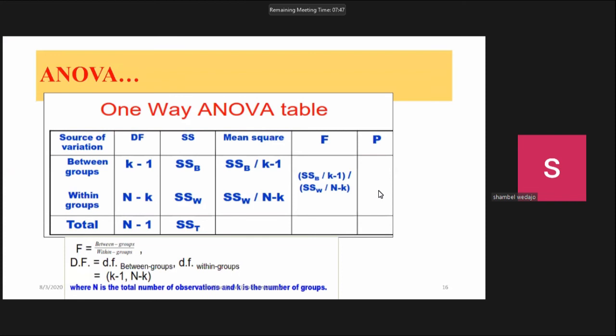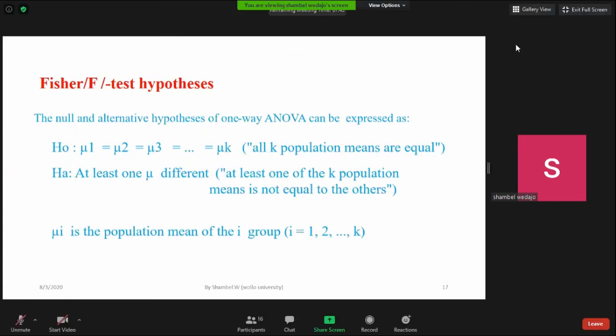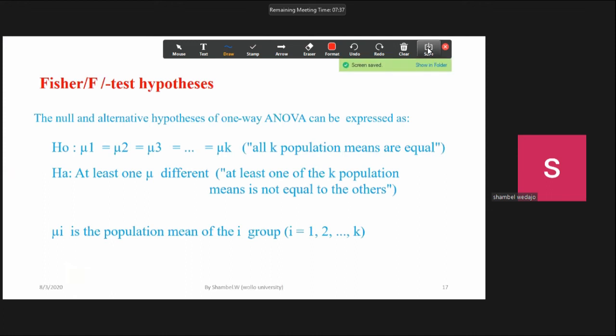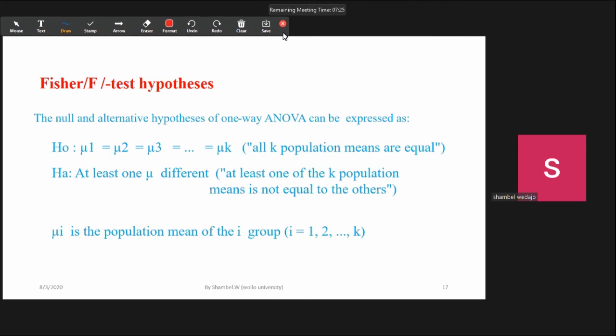The null hypothesis for ANOVA: H0, mean 1, mean 2, mean 3, all population means are equal. There is no between group variation, the treatment has no effect, the treatment doesn't bring any variation in the mean value.